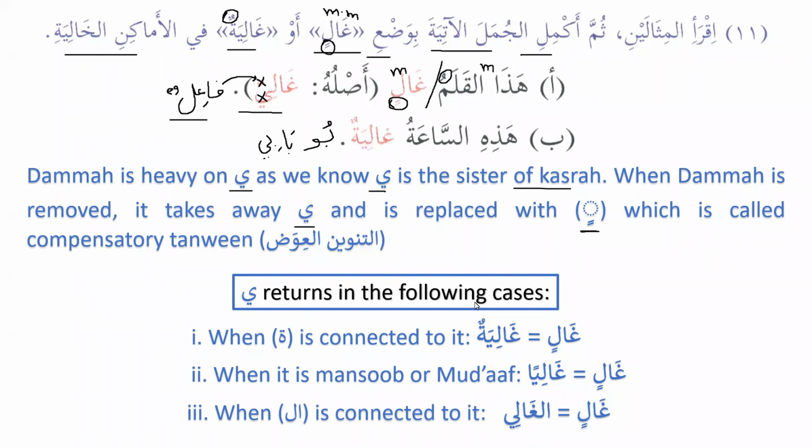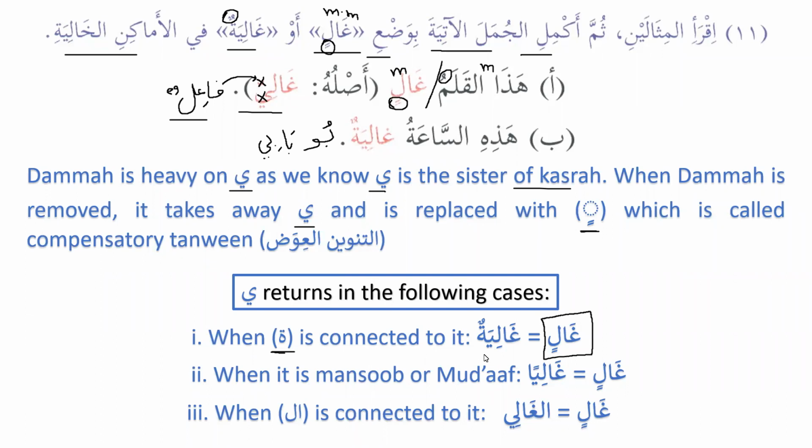Ya returns in the following cases when ta marbuta is connected to it. So when ta marbuta is connected to it, then ya comes back. The original noun is ghalin. And when you want to say something that is the feminine of this, so it will be ghaliyatun, ghalin, ghaliyatun. Similarly, if you say hadin, hadiyatun.